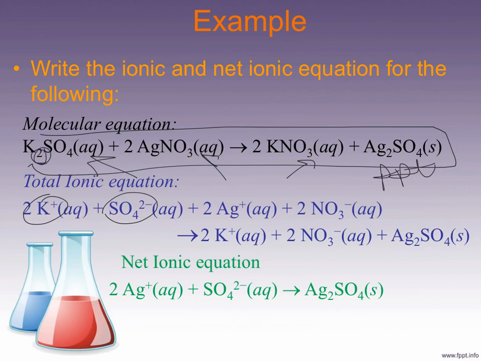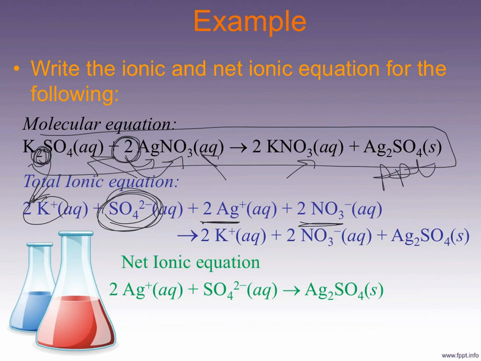Remember to write the quantity. This tells us we have 2 potassium ions. Subscripts become coefficients. Keep the polyatomic ion intact. Now, if there's a coefficient in the balanced reaction, the coefficient applies to both ions. So this means you have 2 silver cations and you also have 2 nitrates.